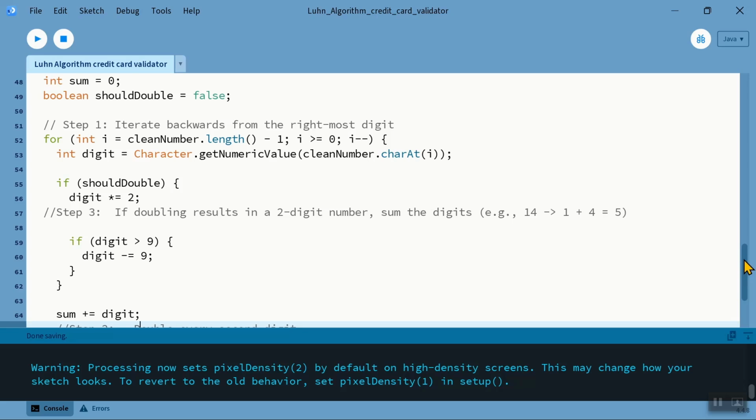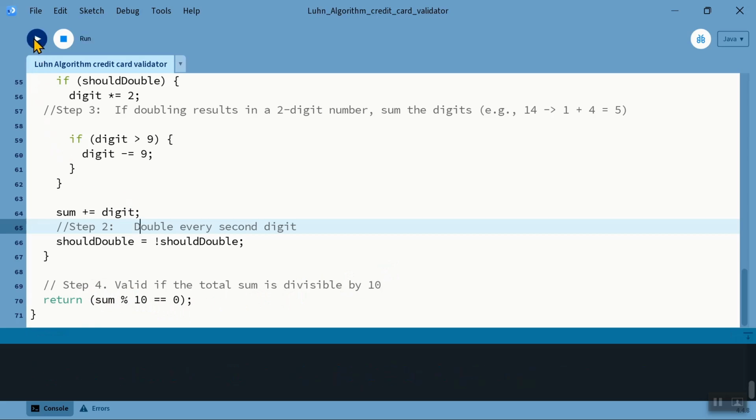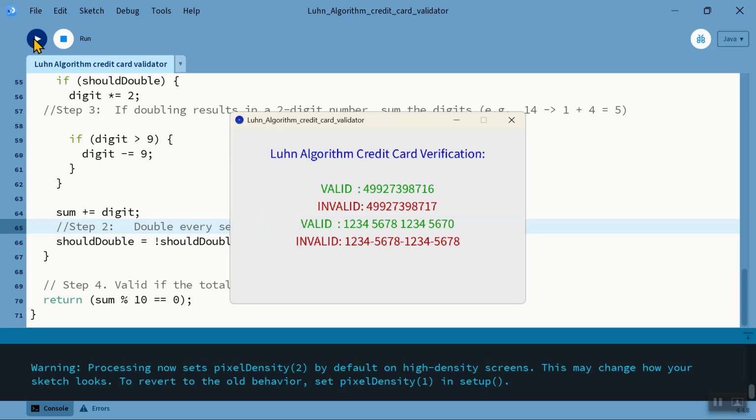So that's the third step. And then the fourth step is to validate by doing the mod 10. And if you have any remainder, it's not valid. So anyway, this is the process of the sum of those numbers. So here is the program, just like that.